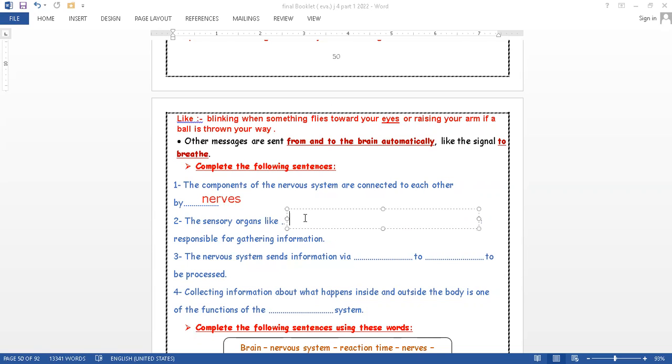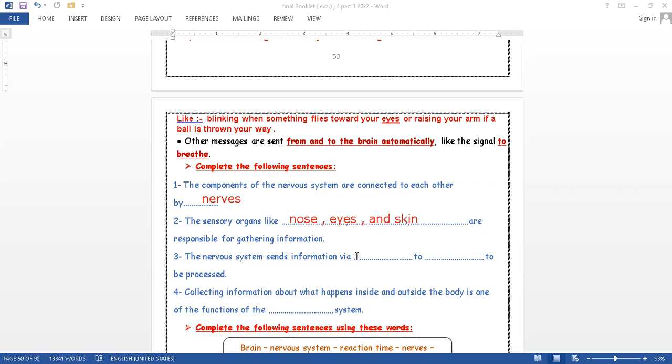We have a lot of sensory organs. Junior 4, you have to differentiate between sensory organ and the sense. Here he is asking about the organs, so it will be nose, eyes, and for example skin.